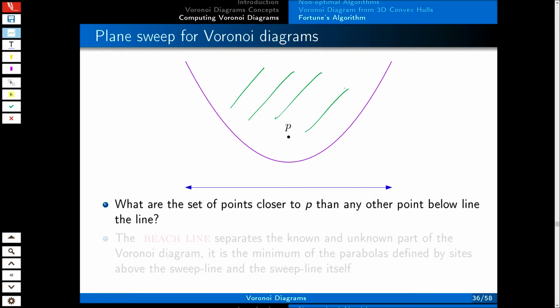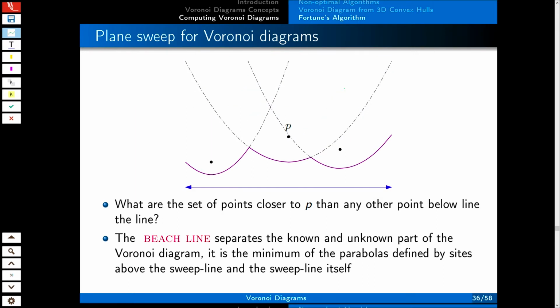Okay. So if it is clear, let us try to extend this to 3 points. Now, instead of 1 point, I have 3 points. I want to find out the points above the sweep line which are closer to one of these points than to any other point below this sweep line.